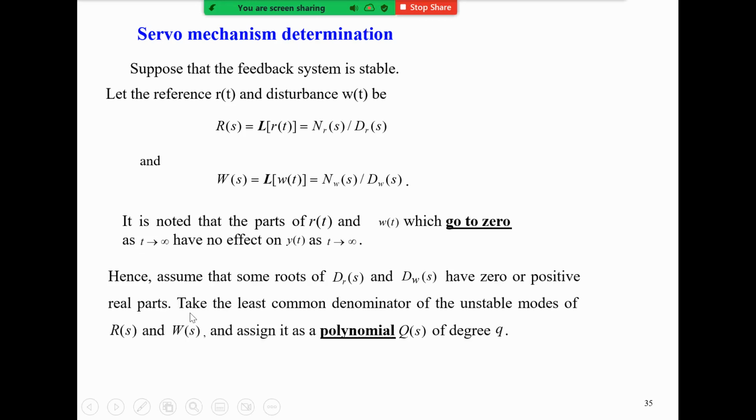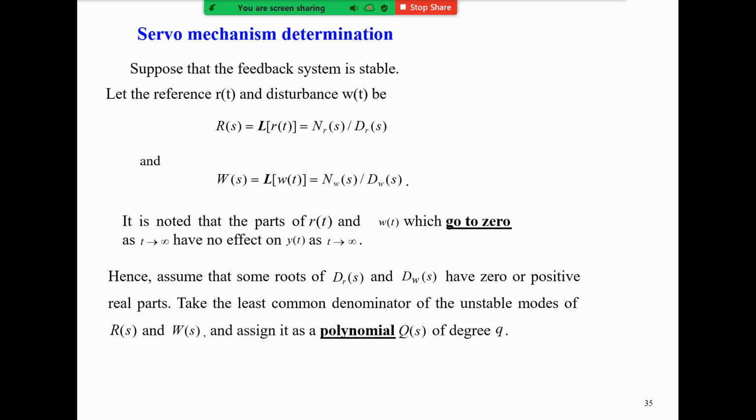Then, because in the solution, we want to deal with the following asymptotic tracking problem and also the disturbance rejection problem at the same time. Here, because one student, in the break, asked me, okay, you mentioned there are 2 problems. Why is it asymptotic tracking, right?